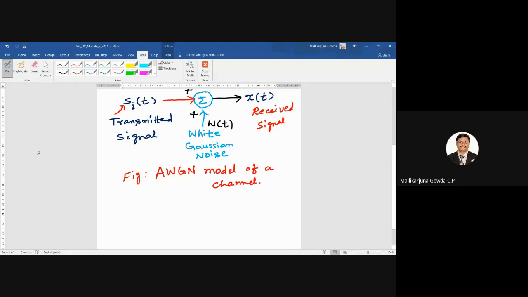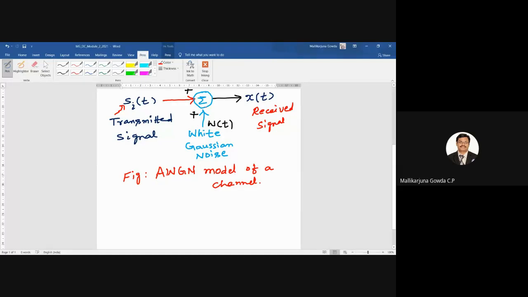AWGN model of a channel means I say what is the transmitted signal. The transmitted signal will be represented by Si of t, right? I use this summation symbol to indicate that the transmitted signal and the noise, that noise I am considering as white Gaussian noise, which I denoted by W of t, will be added in the channel.